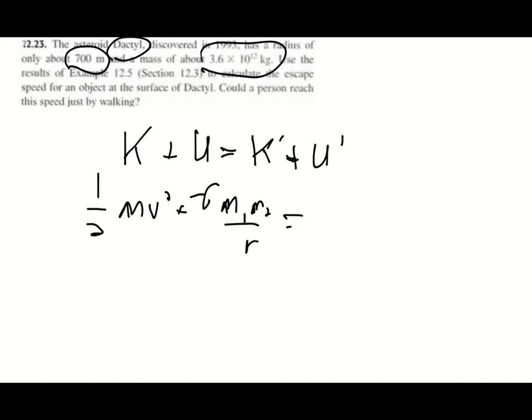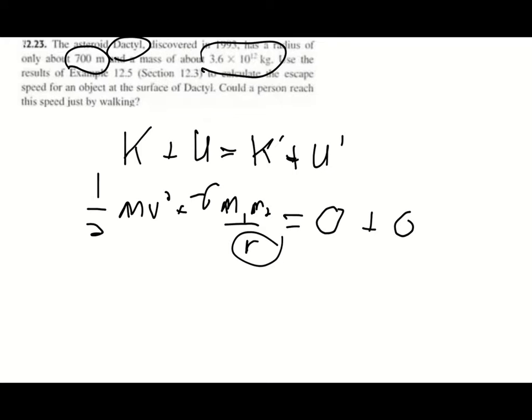Equals, at our escape speed, our minimum speed, our velocity when we're really far away is going to be 0, so it's going to make our kinetic energy 0. And that means we're going to be infinitely far away, so it's going to make r infinite, and that's going to make our gravitational potential energy 0 when we're that far away.